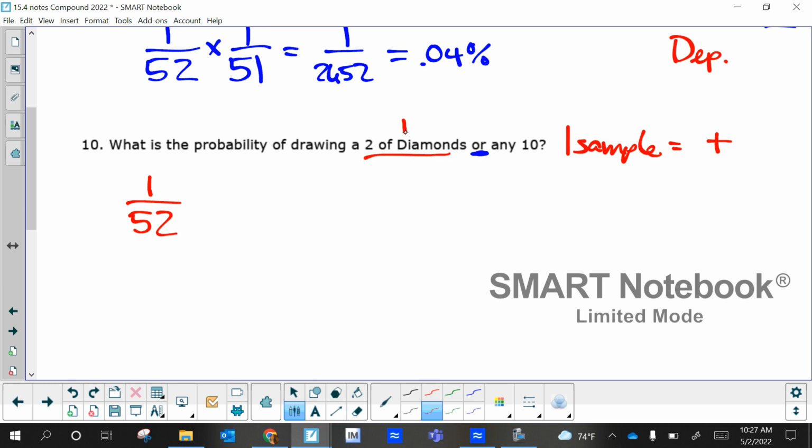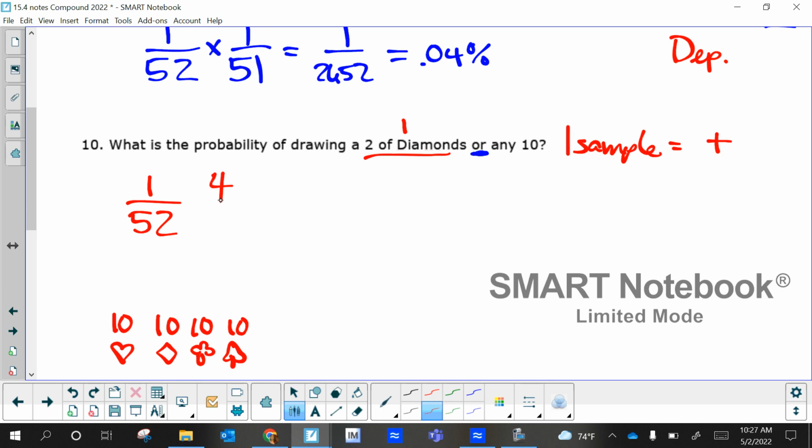Or any 10. So how many 10s are there? There's 4 of them. Remember, the 10 of hearts, diamonds, clubs, and spades.